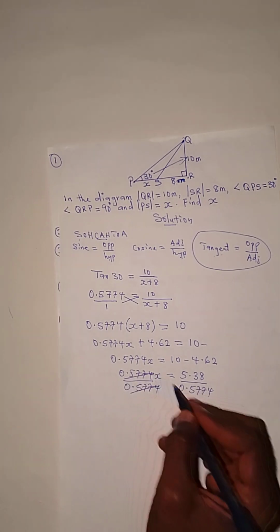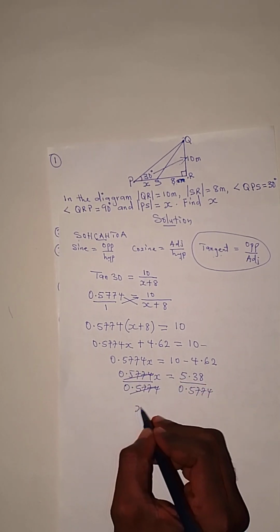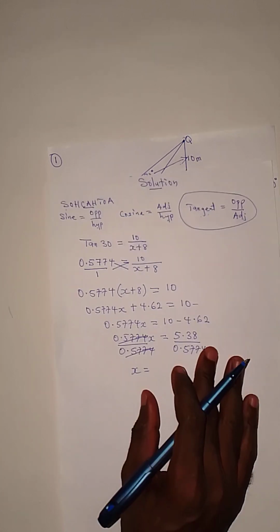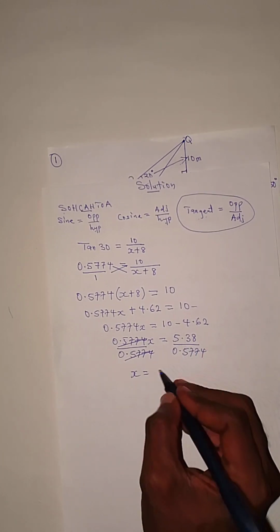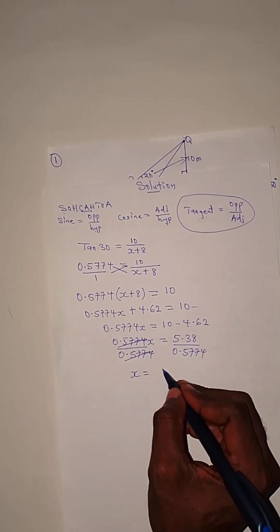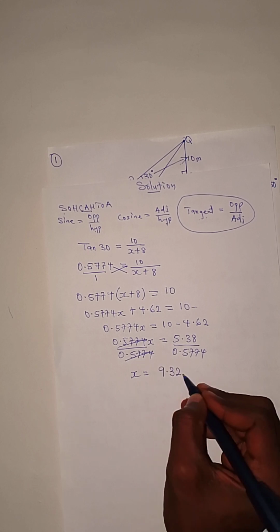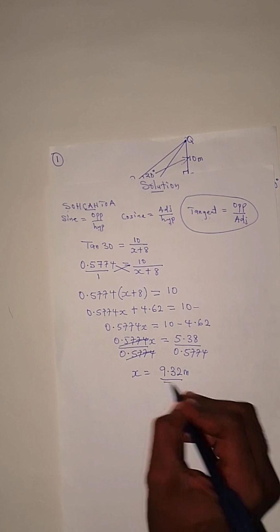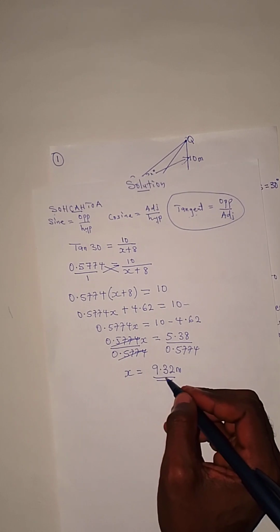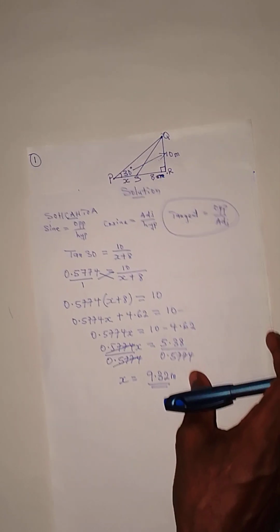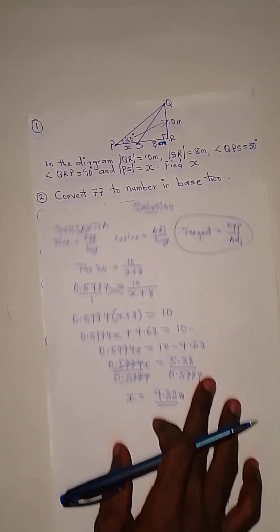So this will cancel this. So x is equal to, now divide this number here, we are going to get 9.32 meters. So x is equal to 9.32 meters. Okay, so that's question number 1.